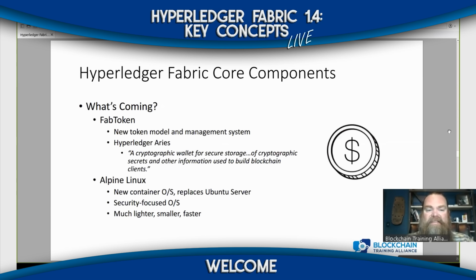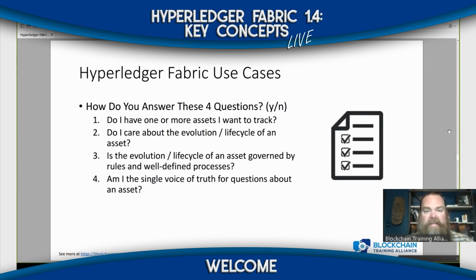Alpine Linux is a little bit more focused on being a very, very secure container OS. So we should see the performance of our containers go up and the number of containers we can manage on our physical hosts go up as well. So some interesting things coming.